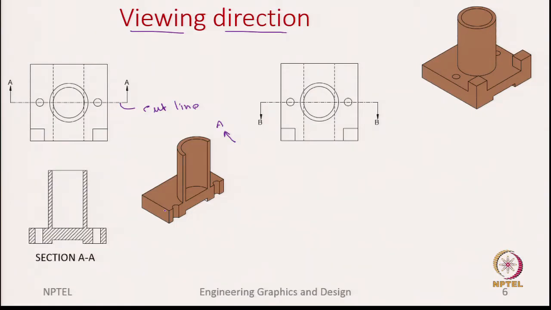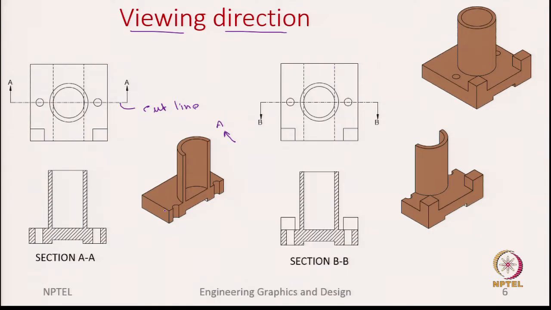Now let us look at the other section, section BB, which is exactly the same as the previous one with a small difference. The difference is that now we are looking in the opposite direction, direction B. Since we are looking in the opposite direction, we need to consider the other piece. This is that other piece, and the corresponding section view is shown here.